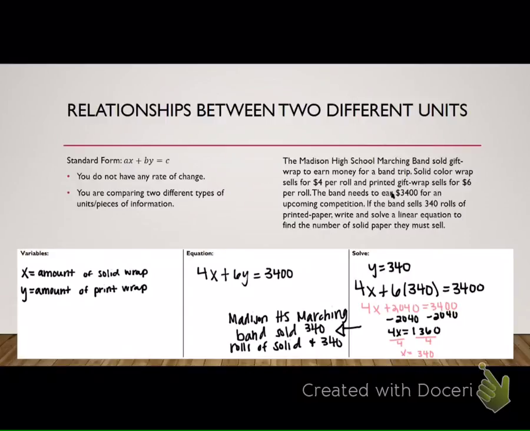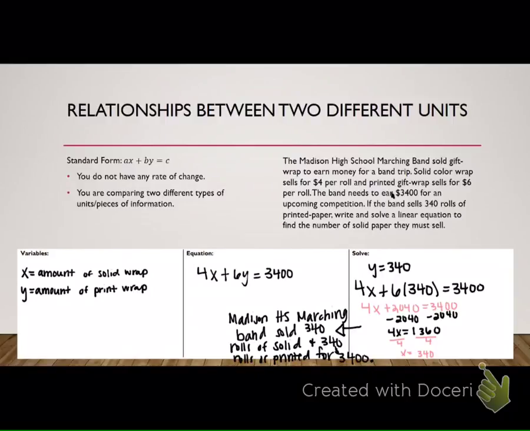So the Madison High School Marching Band sold 340 rolls of solid and 340 rolls of printed for $3,400. Lots of 3, 4, and zeros going on up here. Heard right, they sold 340 rolls of each one. Right, questions there?